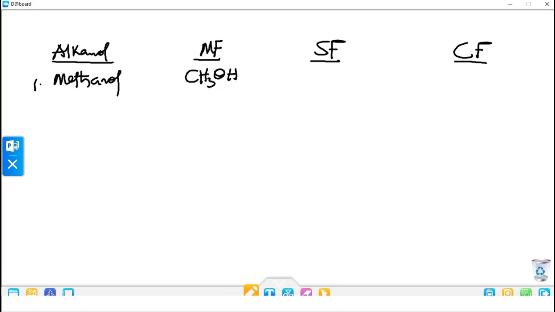The structural formula for the compound is going to be COH, and then we have the 3 hydrogens attached to this. This is the structural formula. And the condensed formula is quite similar to the molecular formula, CH3OH. This is for methanol.